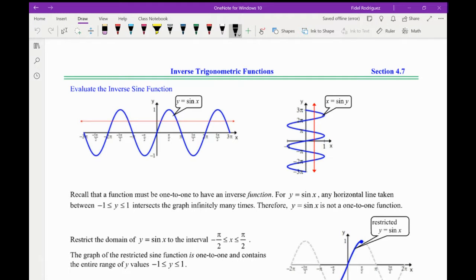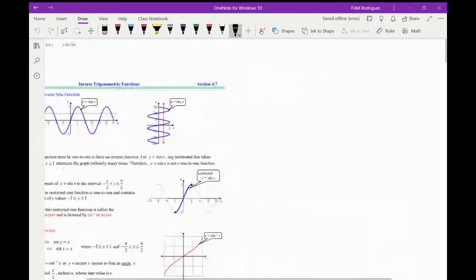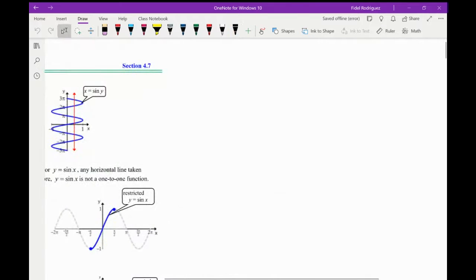Better. Okay. So the idea behind inverse trig functions, guys, is suppose I told you the sine of my angle was equal to 1.